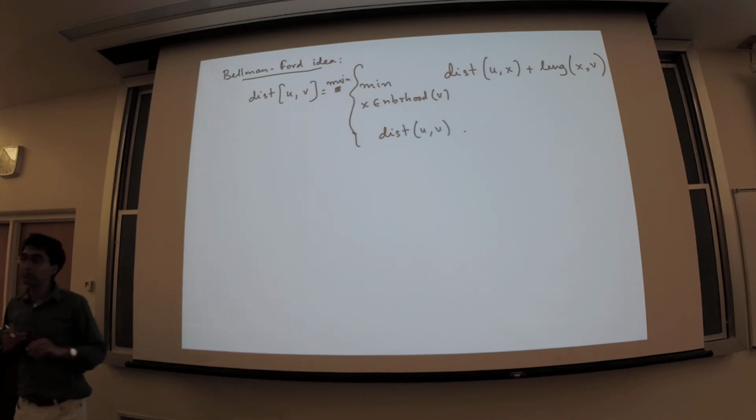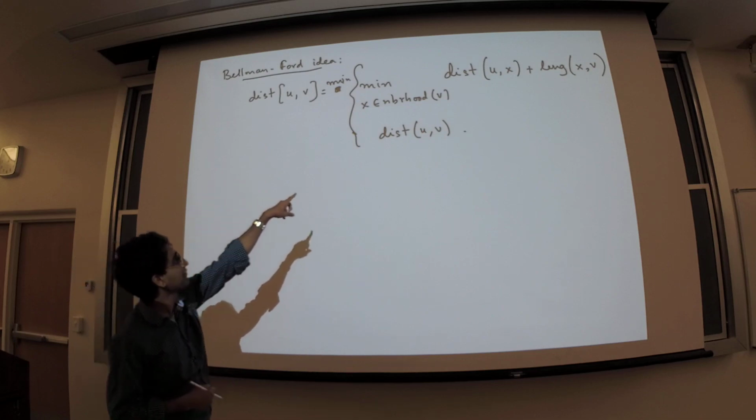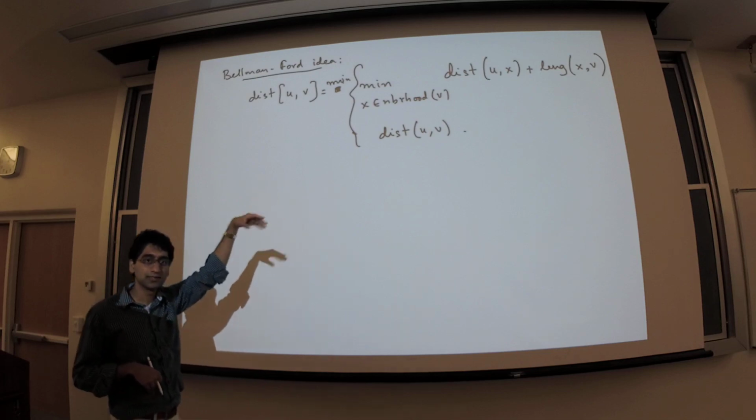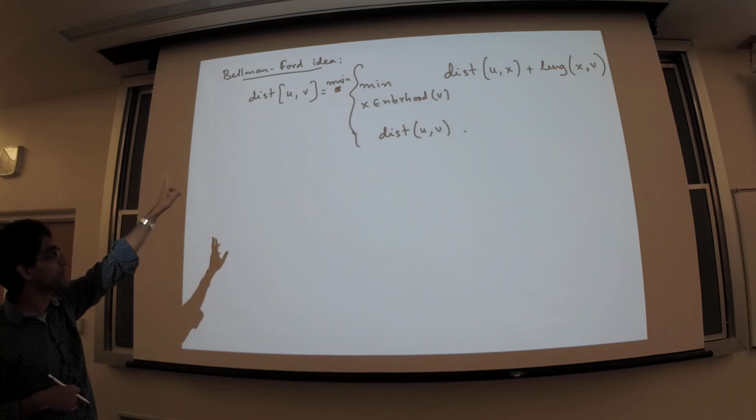So you can try to do updates of this kind, where at every step you take the min of whatever distance you had before and also these ones. This is exactly the observation that I had before about Bellman-Ford. If you keep repeating this process multiple times, then you can actually find d(u, v). This is what we said before.